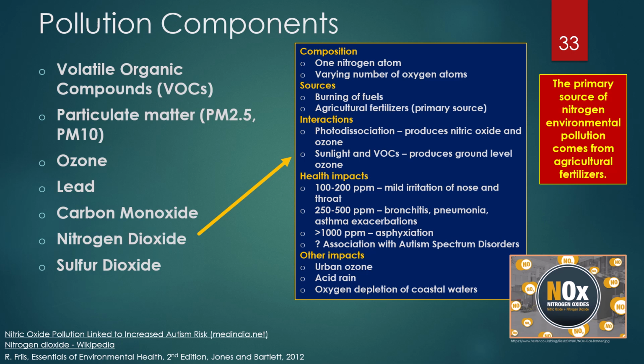Doses above 1,000 parts per million can cause death due to asphyxiation from fluid in the lungs. Nitric oxide may be associated with autism spectrum disorders. Air pollution experts attribute urban ozone, acid rain, and the oxygen depletion of coastal waters to nitrogen oxide pollution.